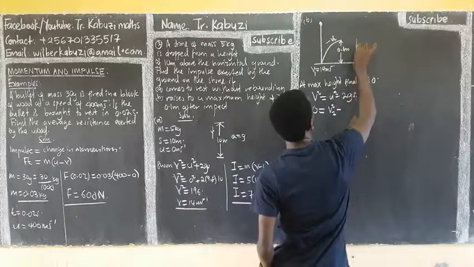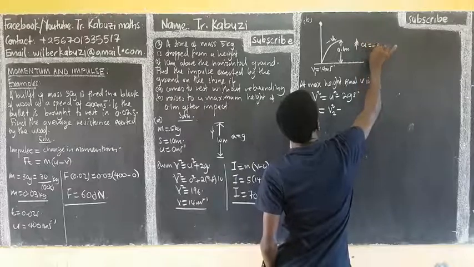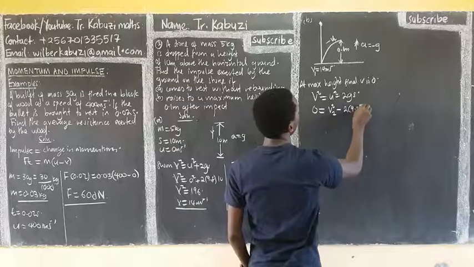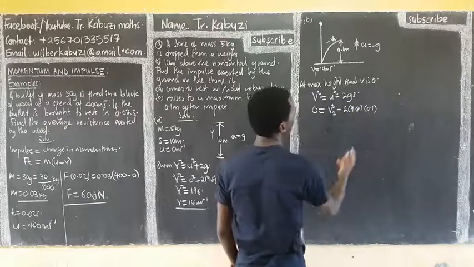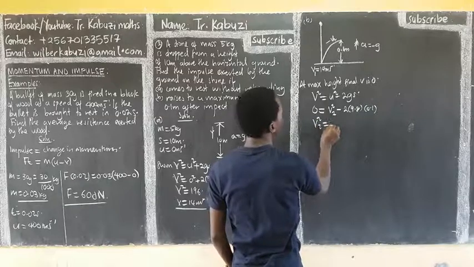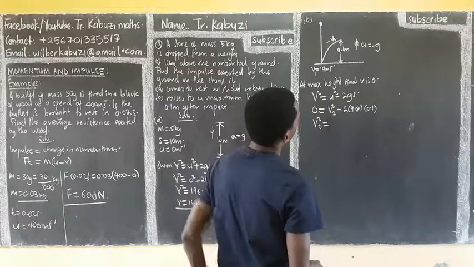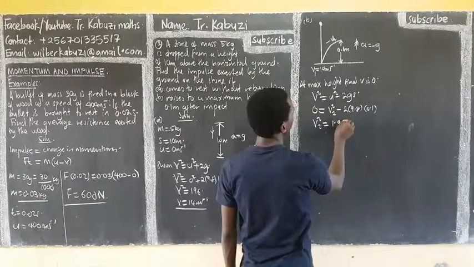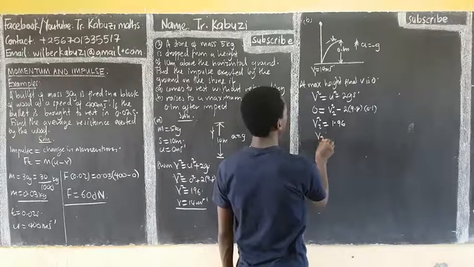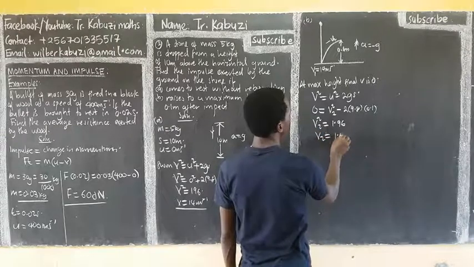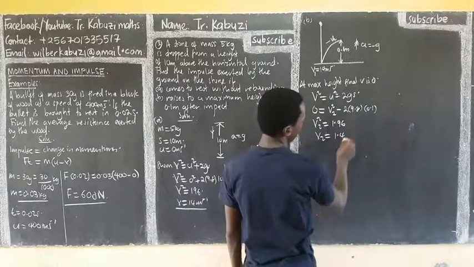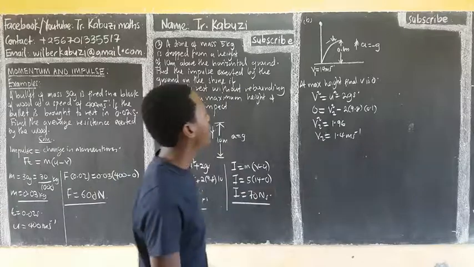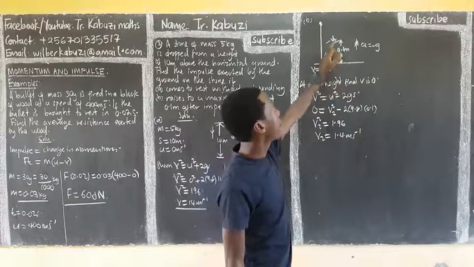In this direction, our acceleration is -g. So then -2 into 9.8, then times 0.1. And take this side, V2 squared will be 1.96. And so my V2 is going to be 1.4 meters per second. So now I have my velocity here, I have my velocity there.